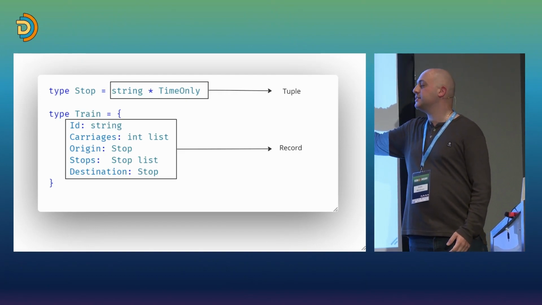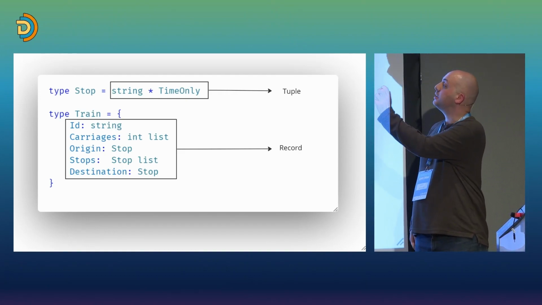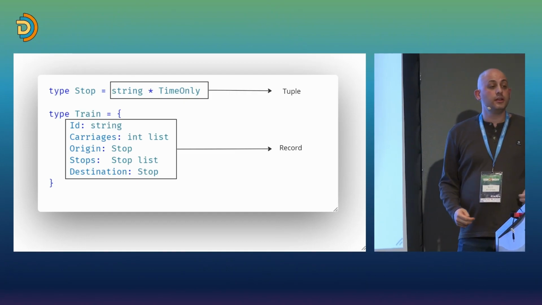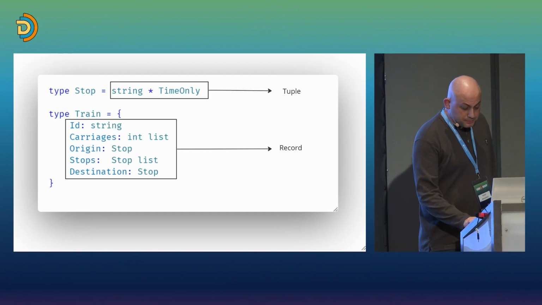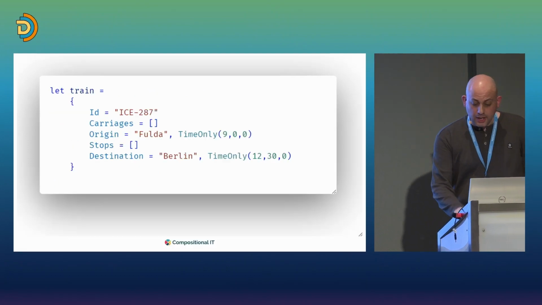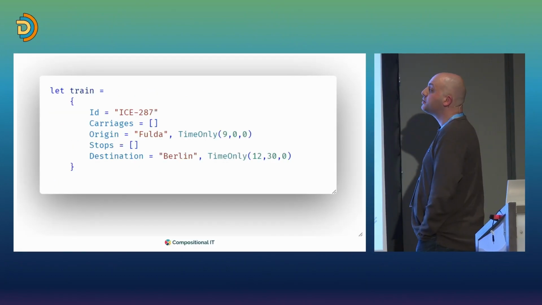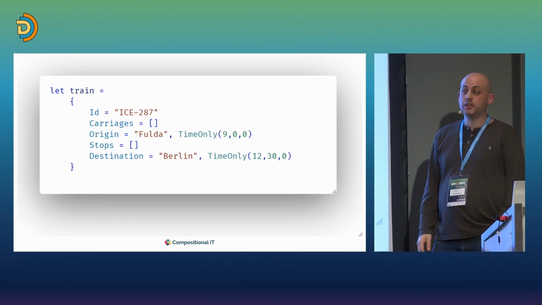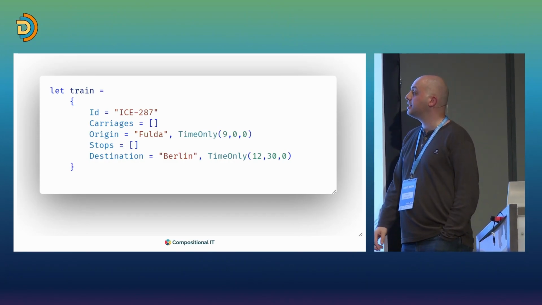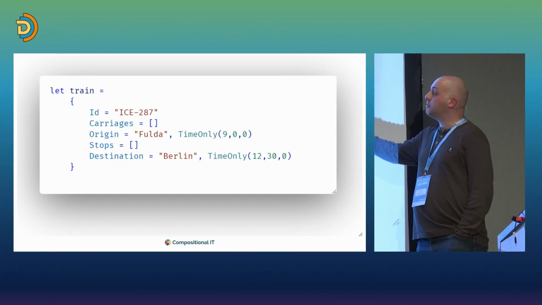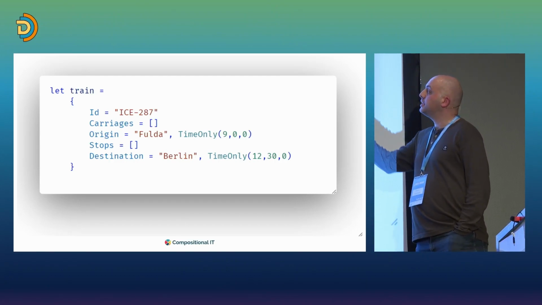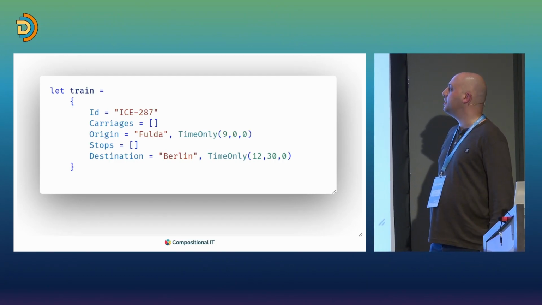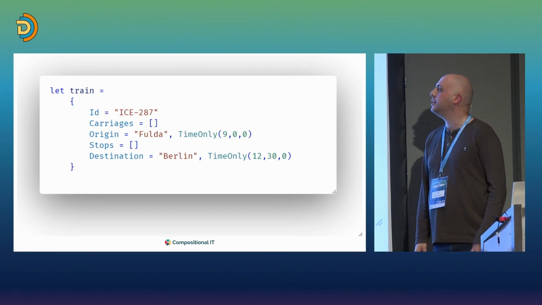And the top is the same thing, string and TimeOnly. Here's how you create an example of one of those in F#. So field equals value. Pretty simple. We don't have to worry about constructors or anything like that. Everything is just basically that. So there's an example of a train from Fulda to Berlin, takes roughly 3.5 hours. Very nice.